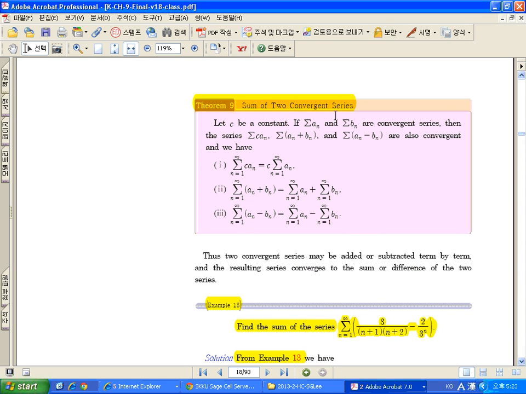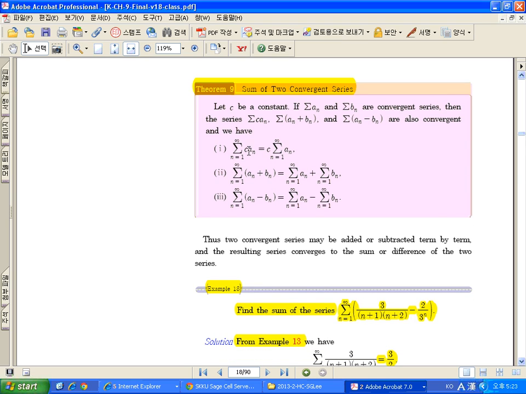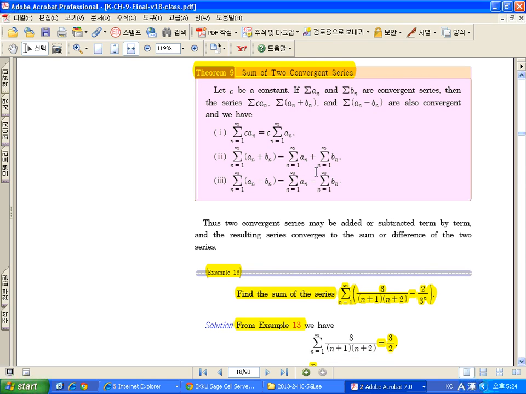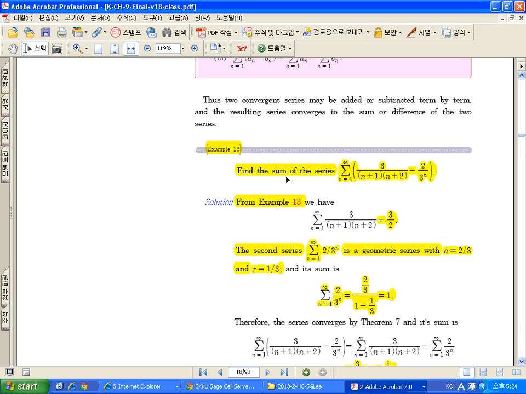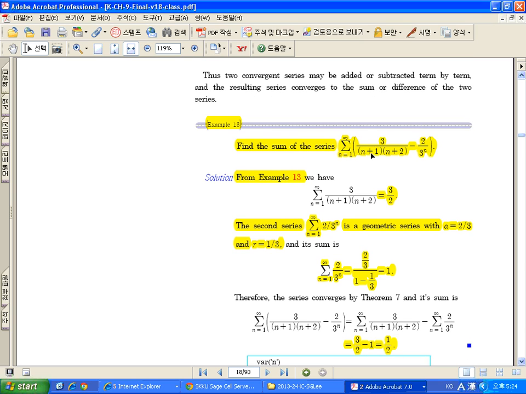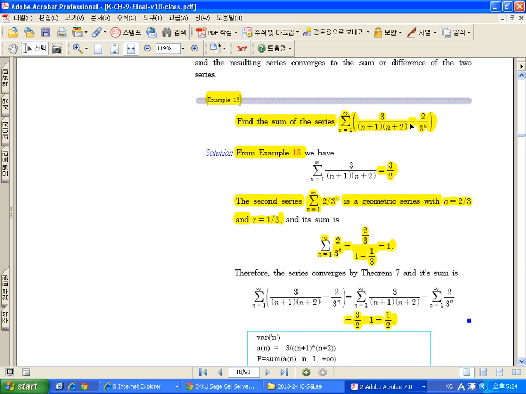For the sum of two convergent series like this, you can take the constant out of it, separate the series, and split like this, and find the sum of the series. This is the example that we have seen in example 13.